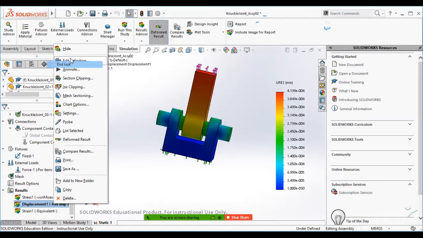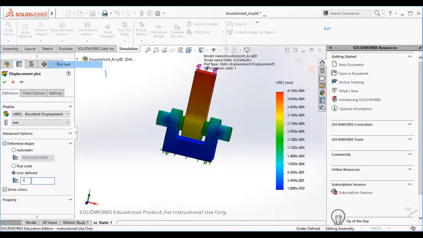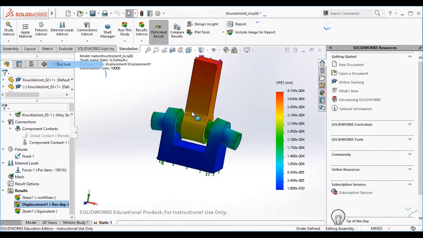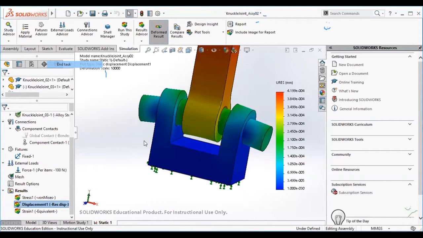So I will go to edit definition and increase the scale of my display. Let's say if I press 1E4, then you get an exaggerated displacement. Why I wanted to show you this is because we have selected a no penetration contact.